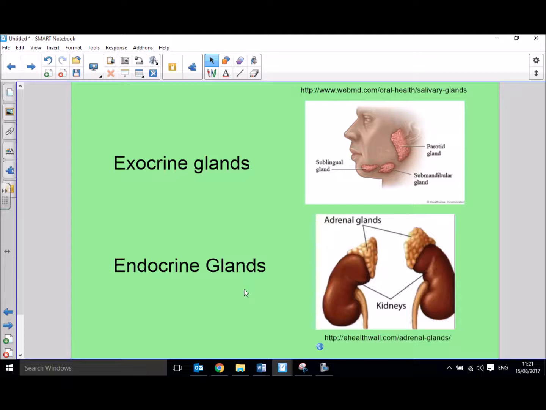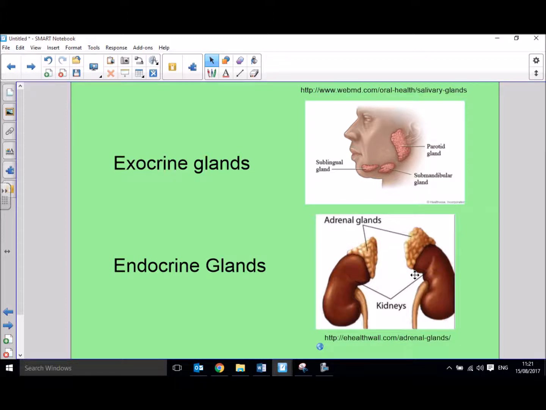Endocrine glands don't have ducts. Their secretions are released directly into the bloodstream, and then the body relies on the blood moving those secretions around the body to where they need to be. And the secretions that are produced from endocrine glands are called hormones. So the example I've got here is the adrenal glands, and they lie on the top of each of the kidneys.